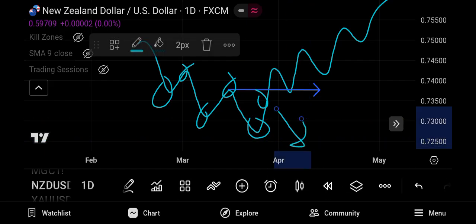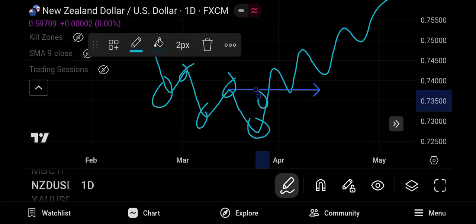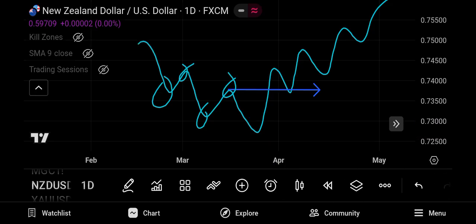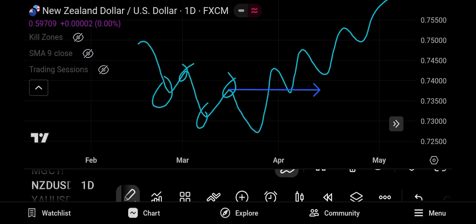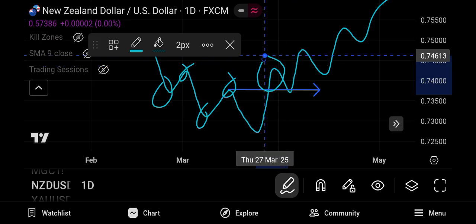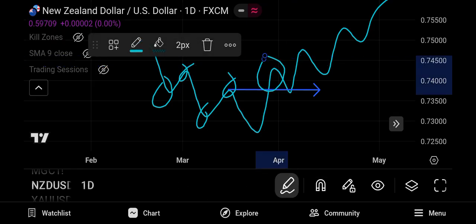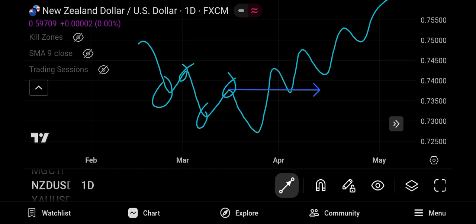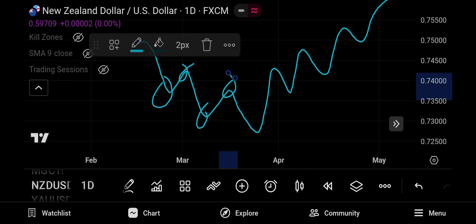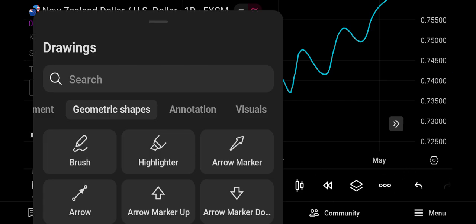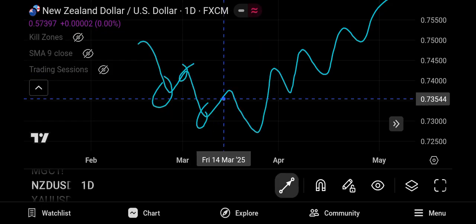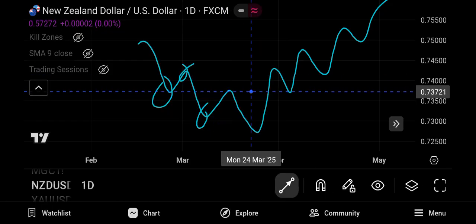What happened? We ended up making a higher high. Why is it a higher high?